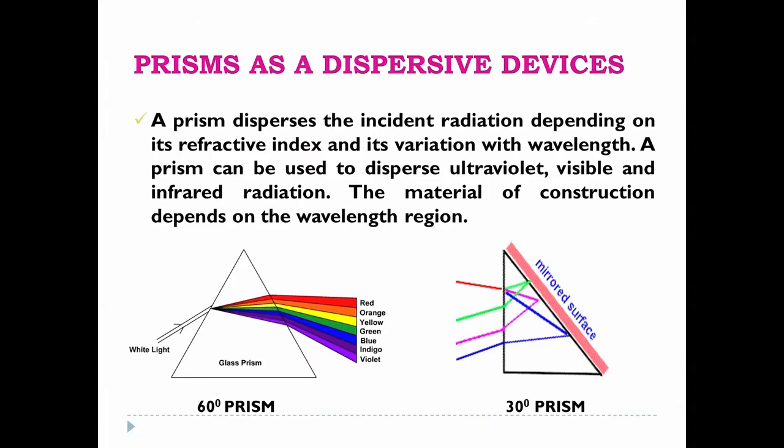I have not shown you here, this is a prism. Okay. So, this triangular glass material, you must have seen prisms like this. So, these prisms we use as dispersive material devices.